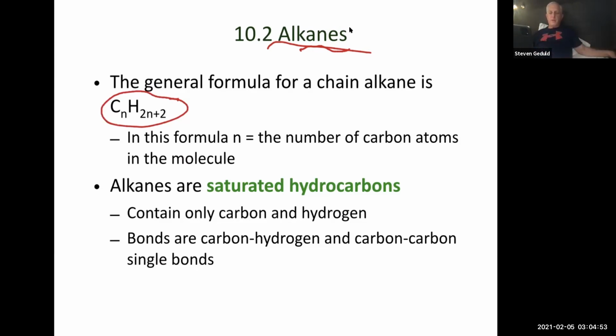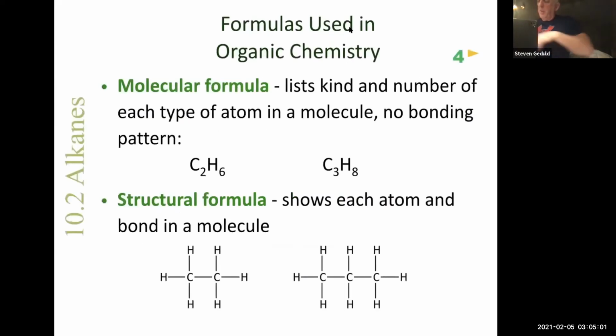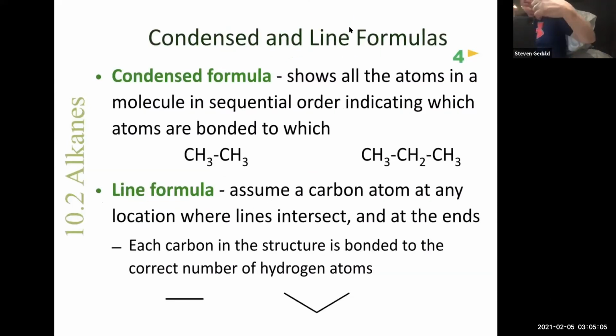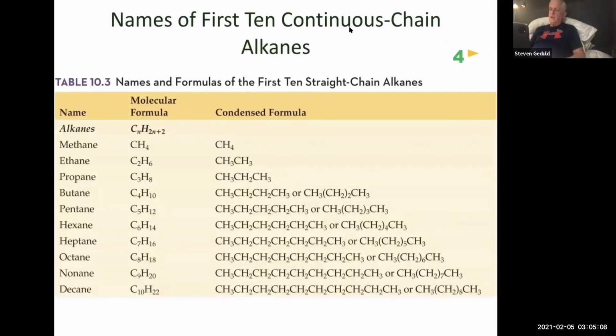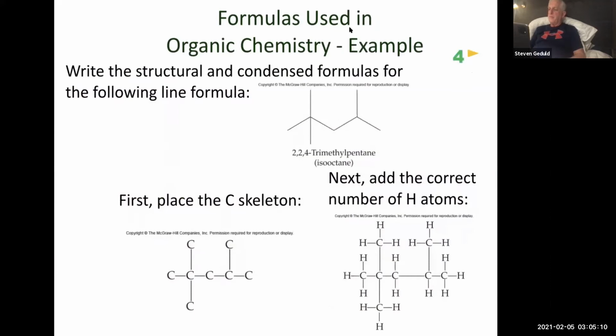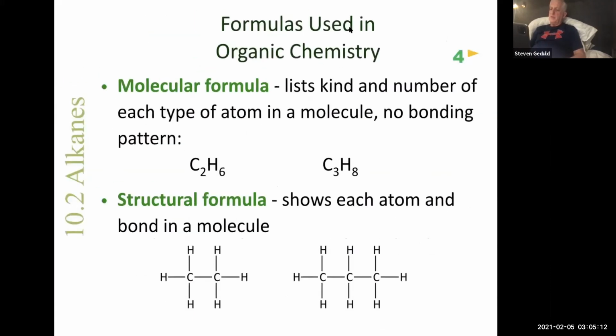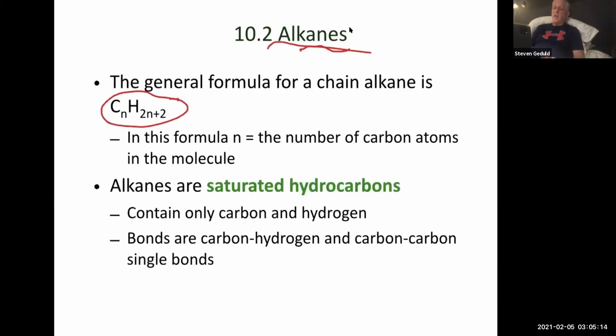So you double the number of carbon atoms and then add 2, because with single bonds, there's no other way around it. Say we had 5 carbons: 1, 2, 3, 4, 5.